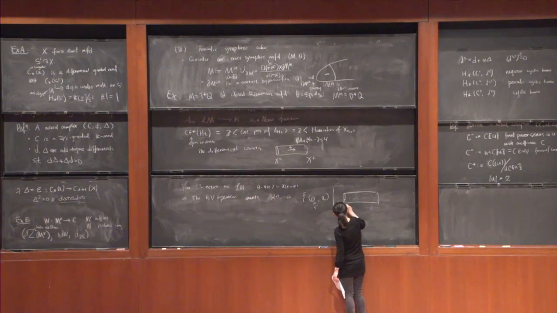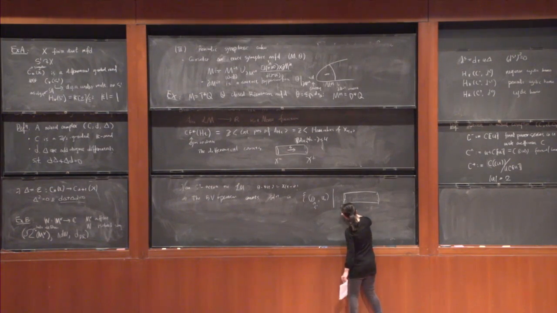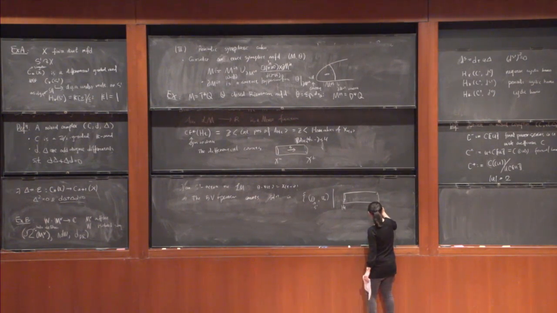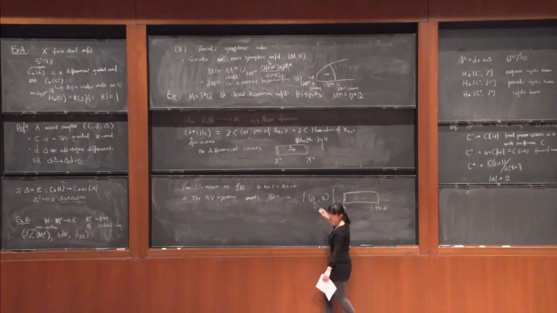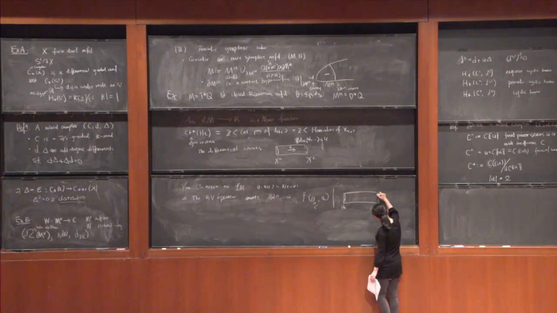Instead of putting H_t on this side, on the other side you can rotate it, so you're changing your starting point by theta.